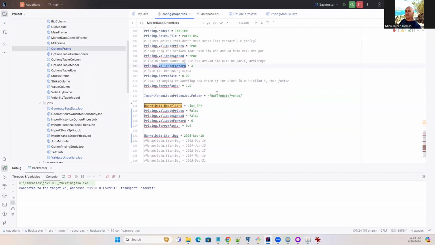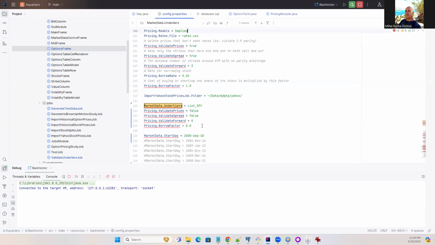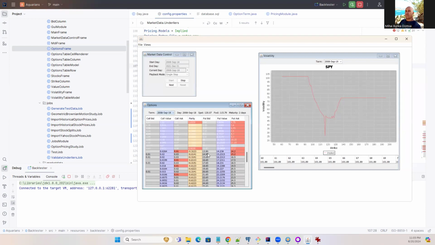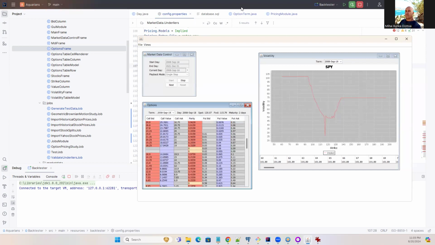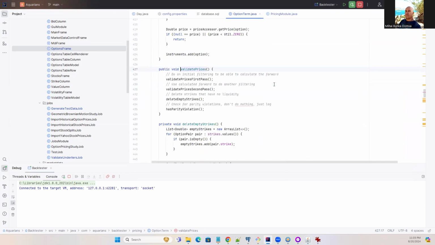And for how many forwards to consider when calculating the implied forward, you have to have at least 3 forwards around the money which have no parity arbitrage problems in order to consider the forward correct. Otherwise, just discard it.